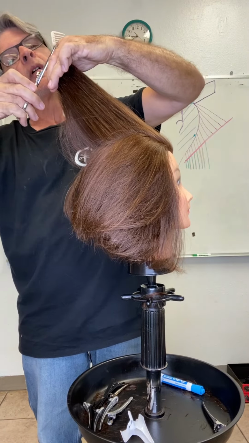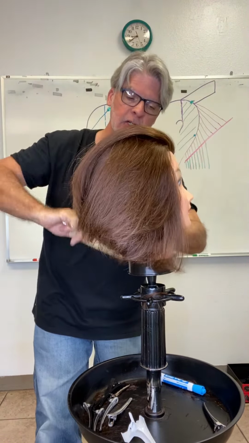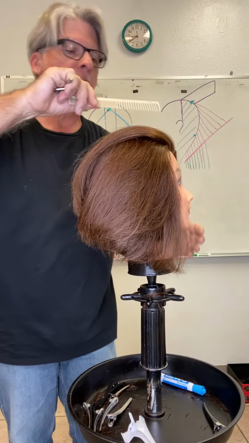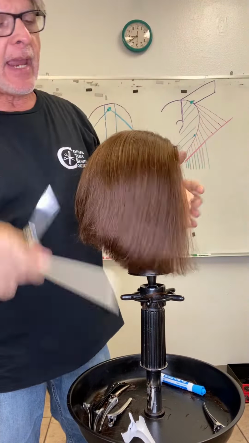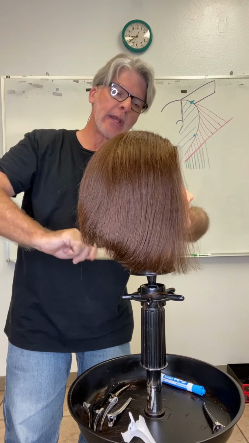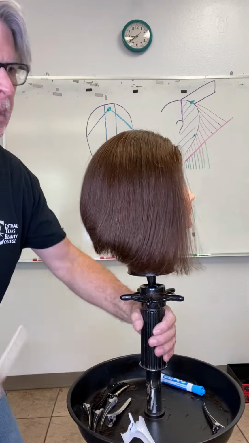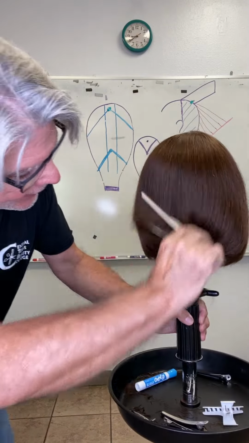And there we go. So that just took some weight off there. Did I have to? No, I just like to, so it's not quite as heavy. If she had super fine hair, I may have just kept that disconnected and kept that all one length there and not put anything in there. But now that softened that haircut.